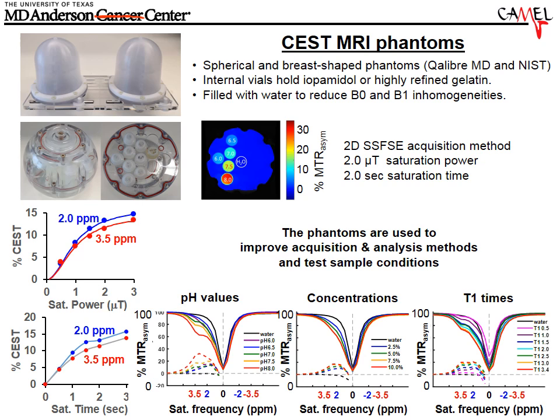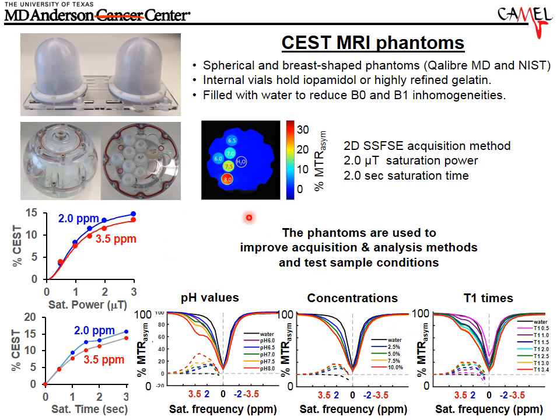So I just wanted to clarify. If you are interested in performing CEST MRI at your clinical radiology center, I would recommend obtaining a phantom. Here's our breast phantom. We also have a spherical phantom for head coil. We place highly refined gelatin into the phantom that will never mimic tissue exactly, but has very good properties that are pH dependent, concentration dependent, and actually we can change the T1 times of these samples to approximate the T1 of different tissues, and we see the effect of T1 on the CEST data like you would normally see for tissues as well.